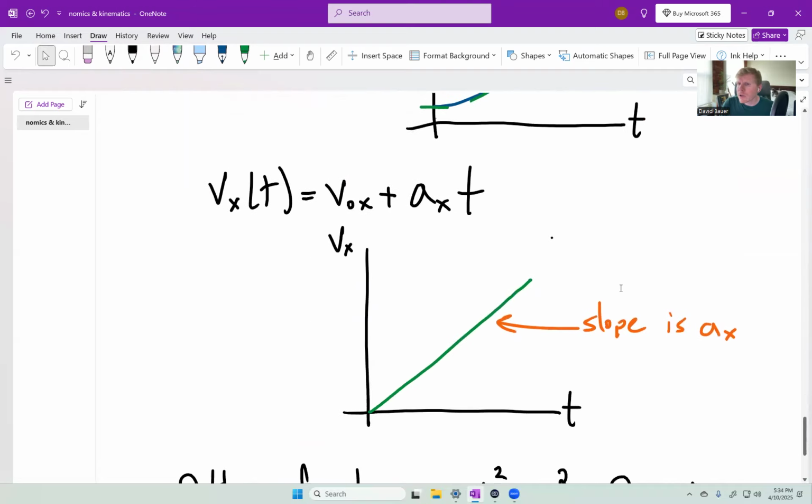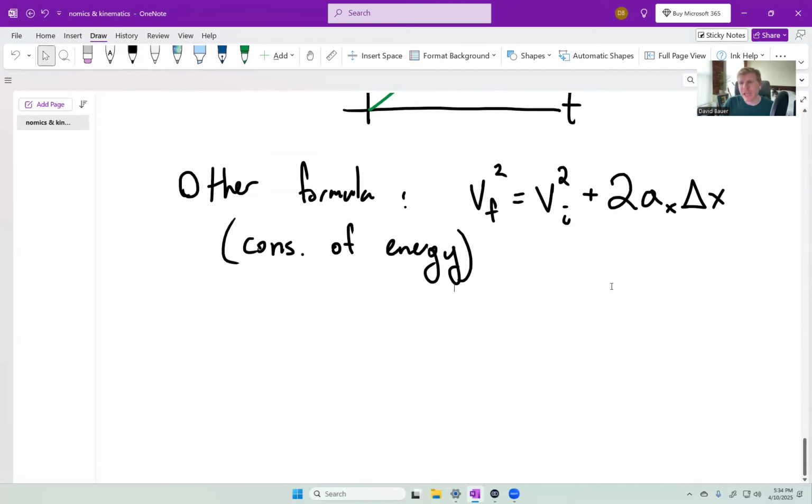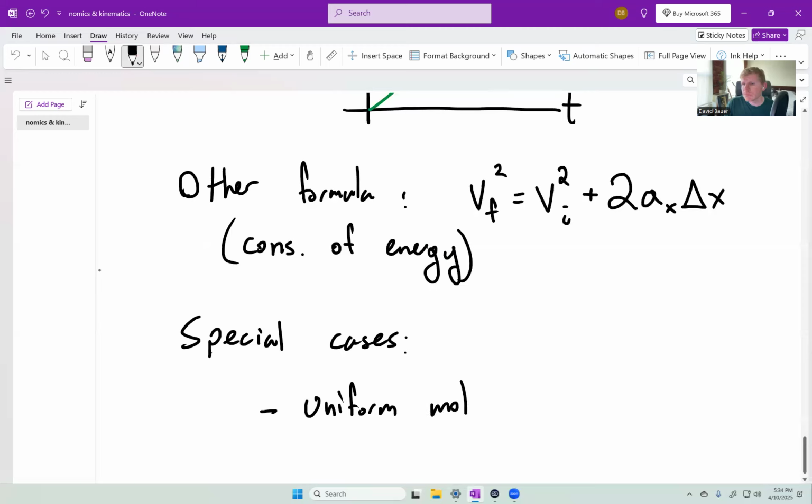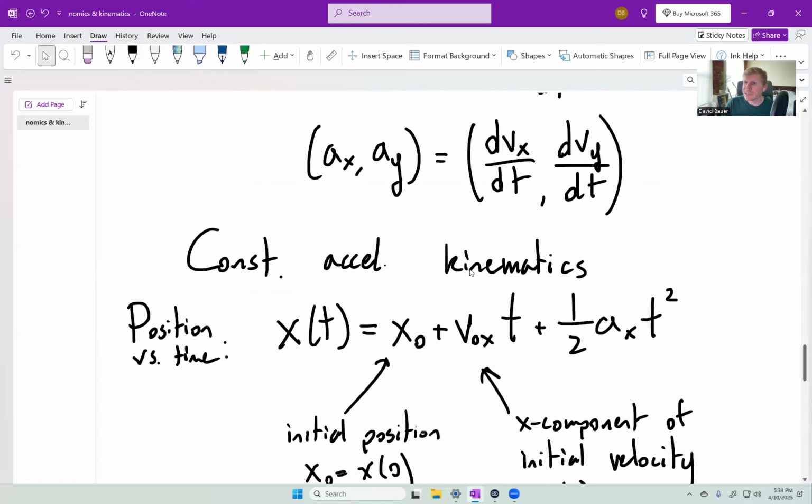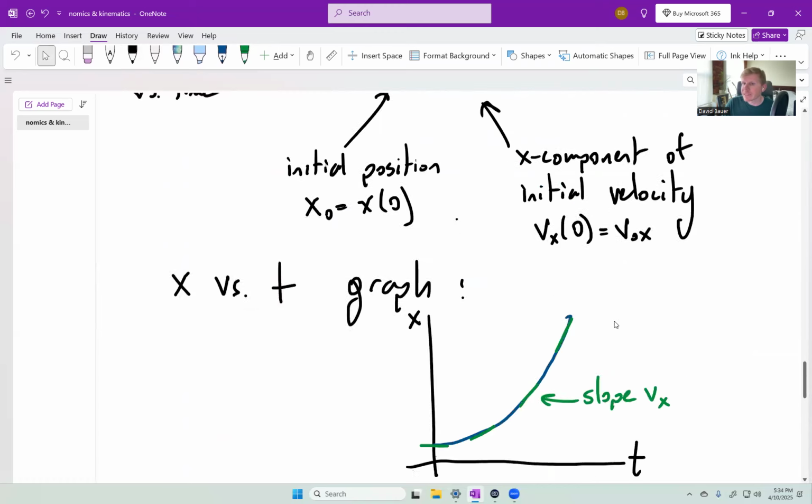Okay, so I want to mention just a couple special cases of constant acceleration motion. One case is uniform motion, which is the case of constant velocity. Okay? So, in other words, zero acceleration. If we have no acceleration, now we can still use these formulas here. We just have a sub x is equal to 0, right?